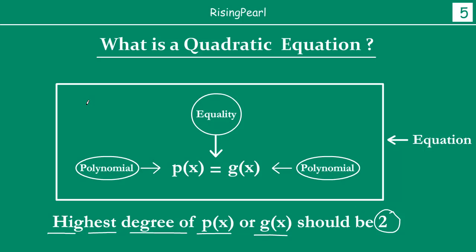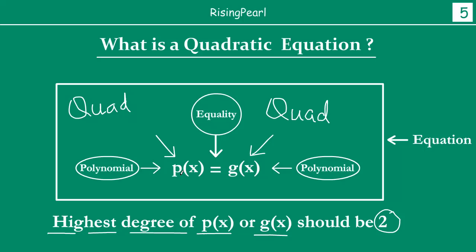That means that either this one should be a quadratic polynomial or this one should be a quadratic polynomial.